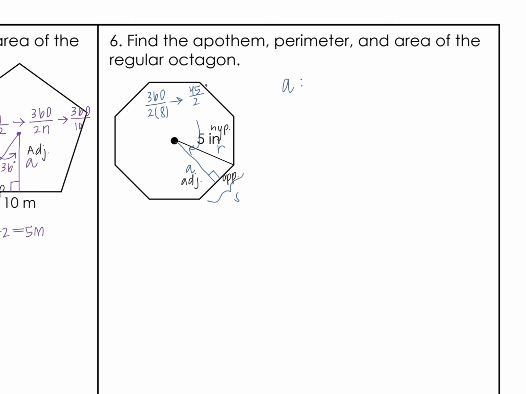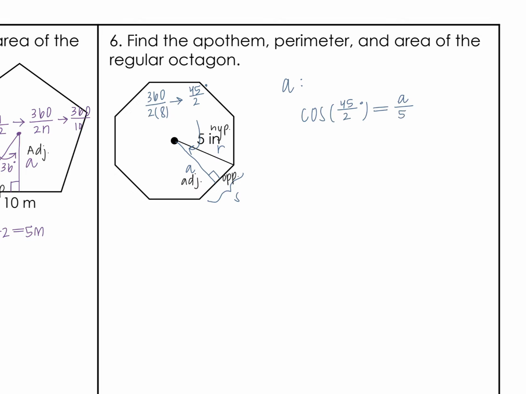So like I said, I'm starting off with my apothem. So therefore, I'm going to use the adjacent and hypotenuse, which will be cosine of that 45 over 2 degrees is equal to my adjacent, so A, divided by my hypotenuse, 5.